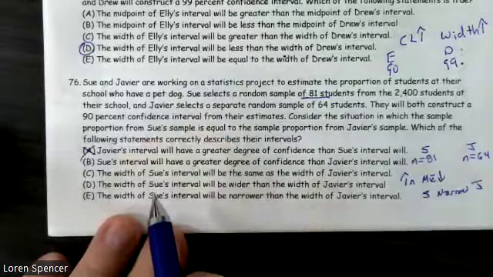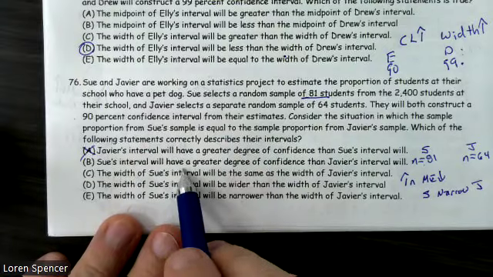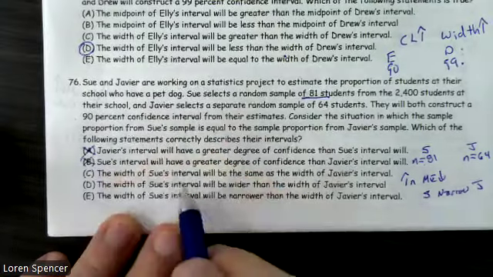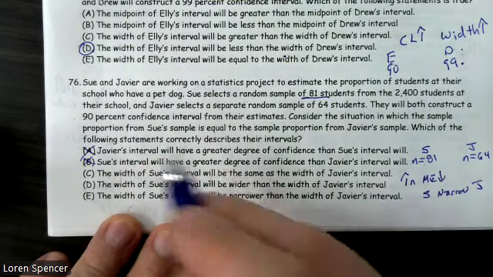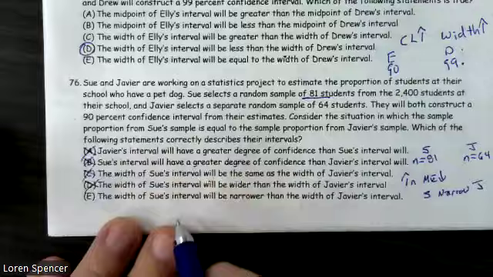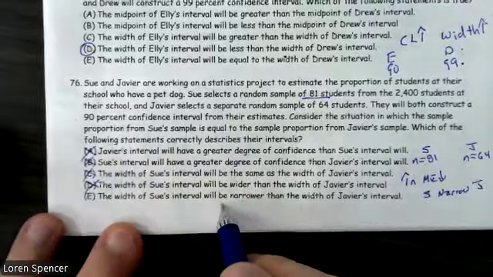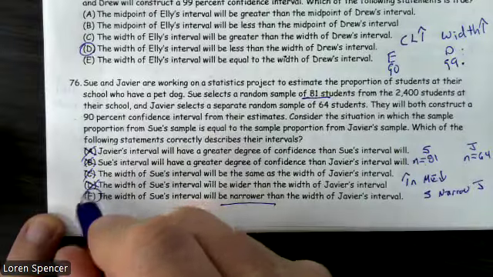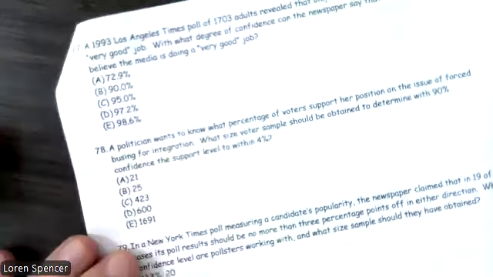No. Sue's interval will have a greater degree of confidence. No. The width of Sue's interval will be the same. No. The width of Sue's interval will be wider. No. 76. The width of Sue's interval will be narrower. All right. It won't be quite as wide as Javi's. All right. 77.